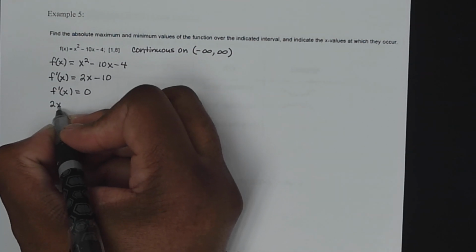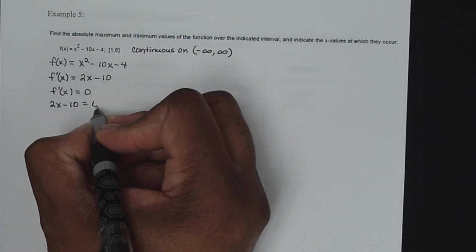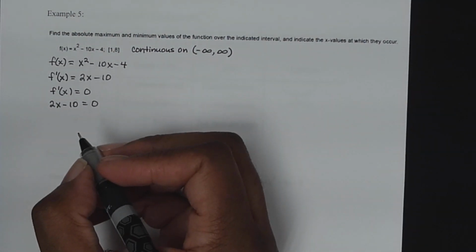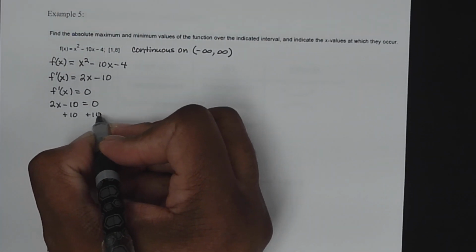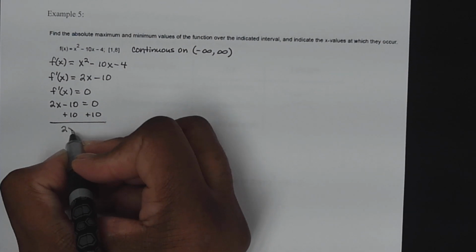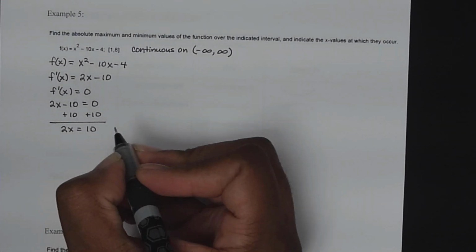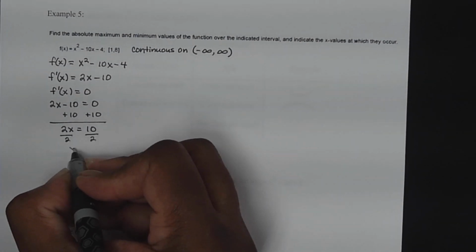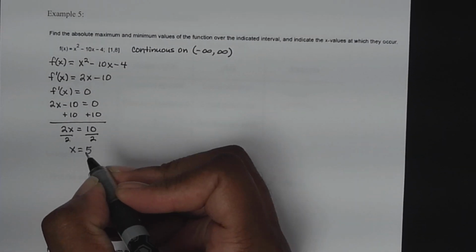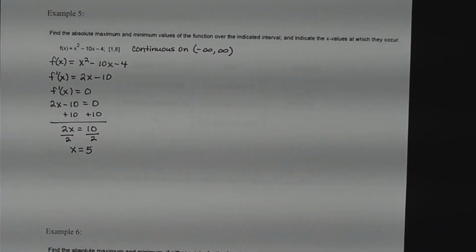So we take 2x minus 10, set that equal to 0, and solve for x. If I add 10 to both sides, I'll have 2x equals 10, and then divide both sides by 2. That means x equals 5. That x equals 5 is my critical number.